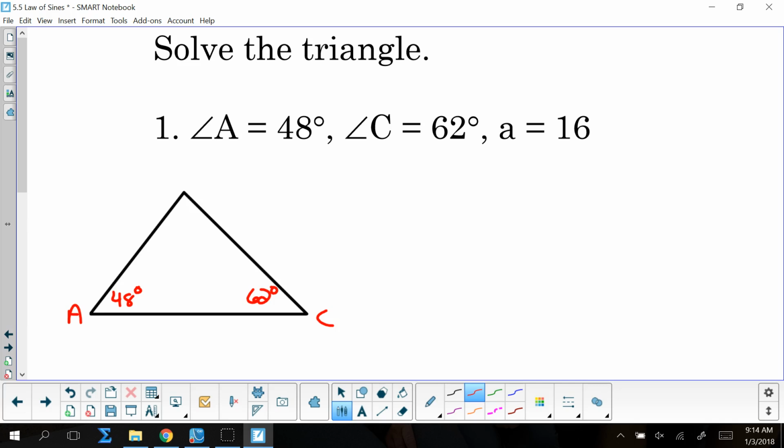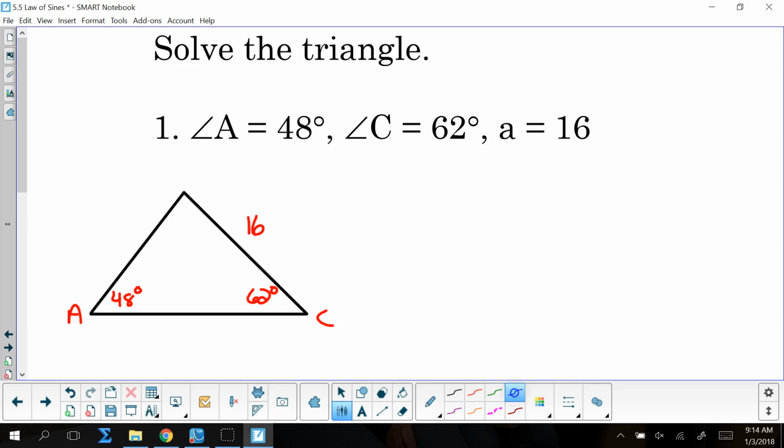Side A. Which one, left, right, bottom, is side A? Agree with the right. Remember, sides are opposite their corresponding angle. So if it's angle A and side A, we have to be opposite them.